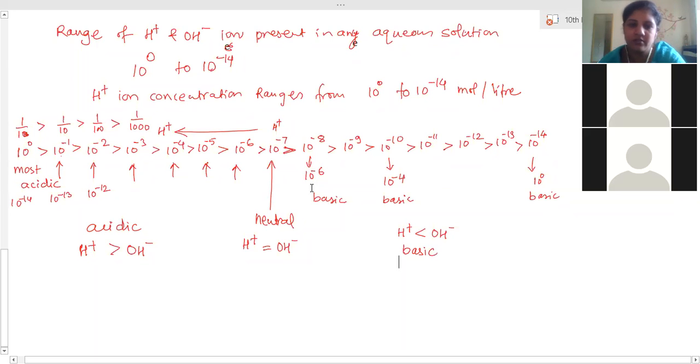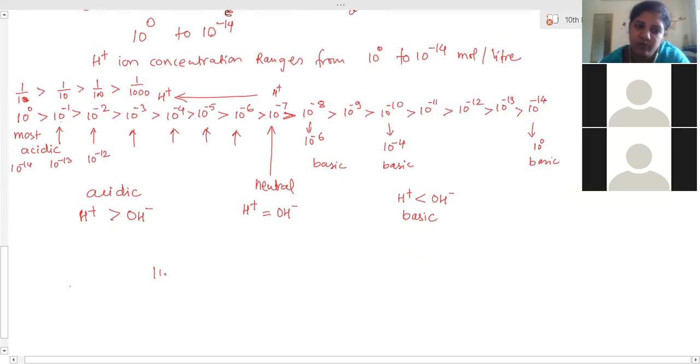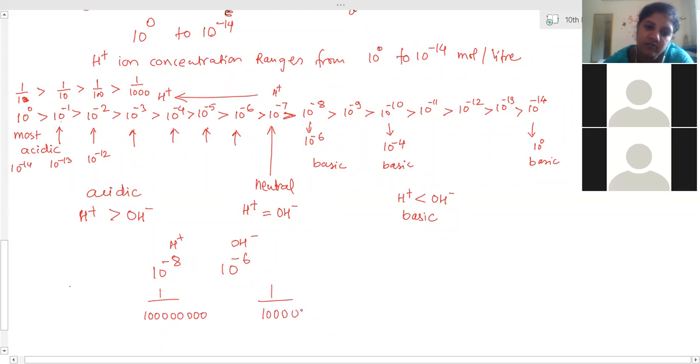Now compare here. 10 to the power minus 8 are these many H plus ions and these many OH minus ions. Which value is greater? 1, 2, 3, 4, 5, 6, 7, 8. This one and this one, which one is greater? 10 to the power minus 6.